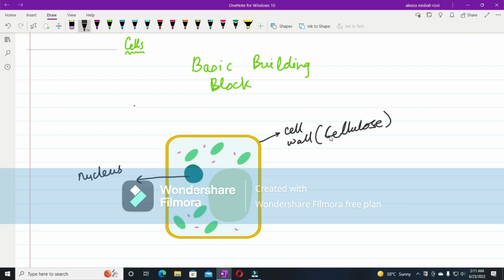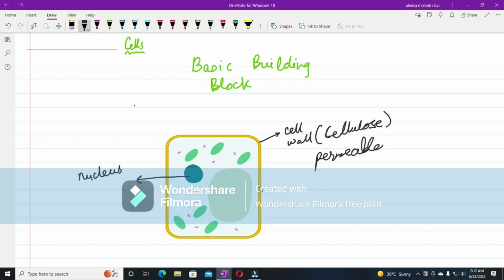So this gives the plant cell a fixed shape, unlike the animal cell. This cell wall allows the water to get in and out of the cell, and it is freely permeable. Okay, so it's fully permeable.